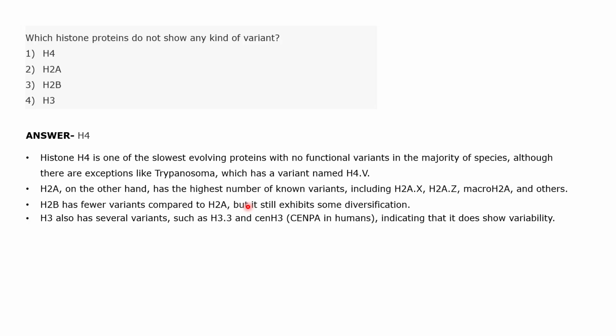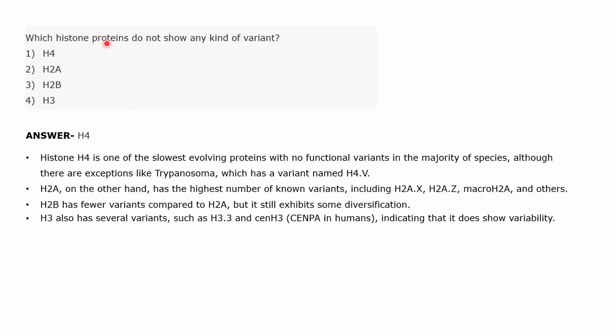So H3 exists as different variants like H3.3 or CENH3, which is also called CENP-A in humans, and it shows a higher degree of variability. CENP-A we have discussed before: it binds to the centromere, and once it binds, it initiates the kinetochore assembly, which is involved in chromosome segregation.